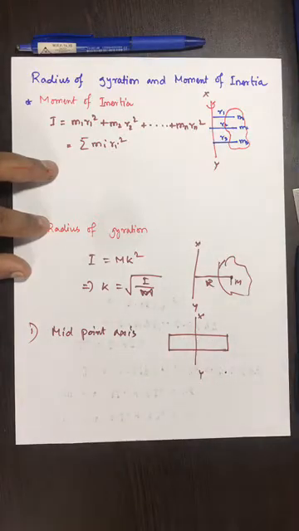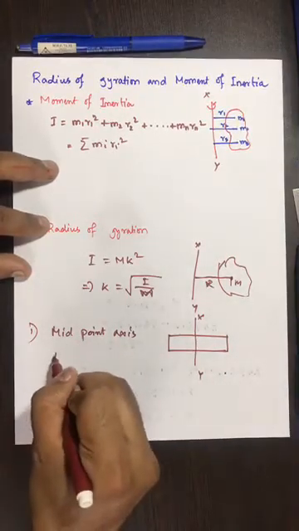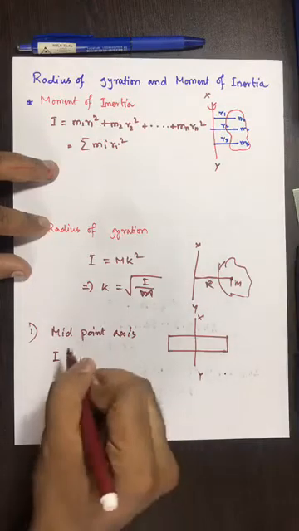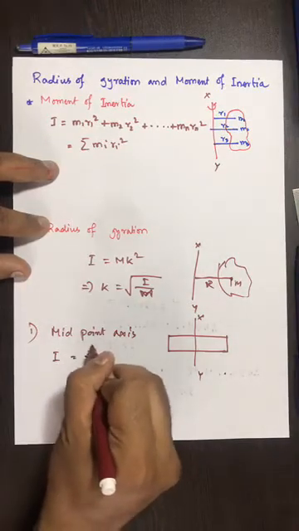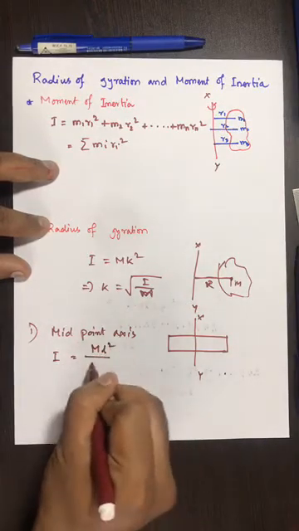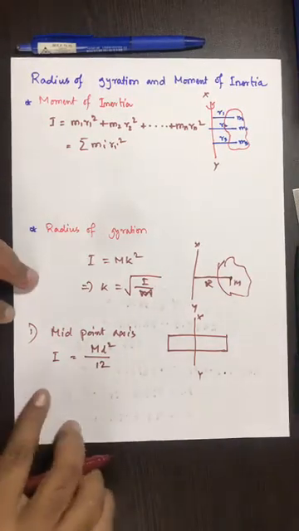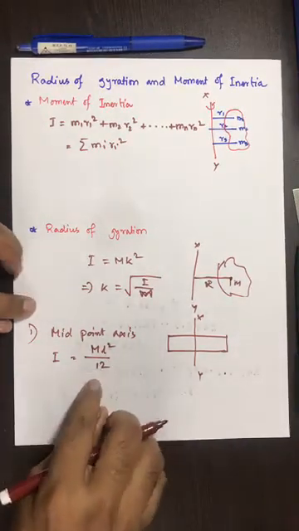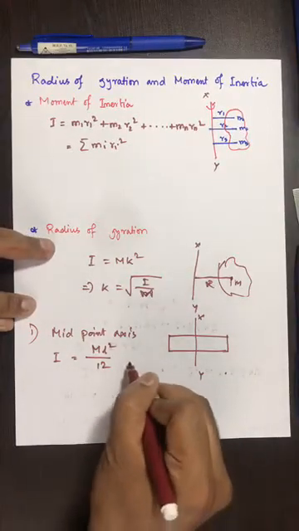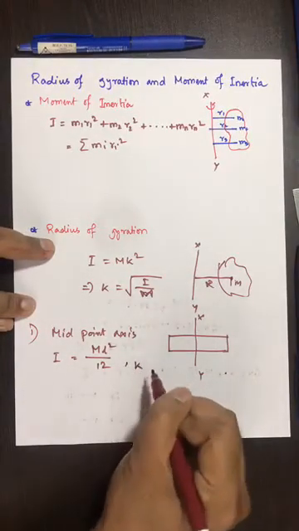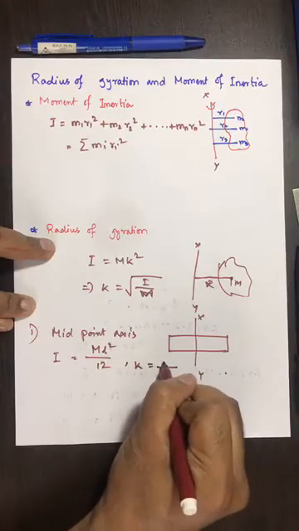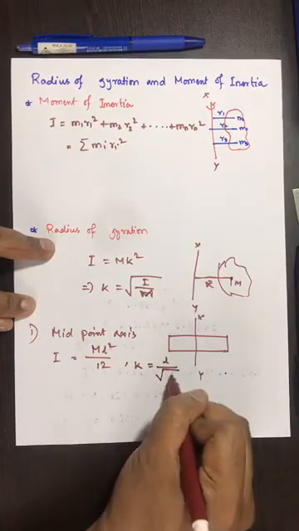Then the moment of inertia I comes to I equals m l square by 12. Remember, girls and everybody, you need to memorize this. For a midpoint axis the moment of inertia is m l square by 12, and the radius of gyration k equals l by root 12.